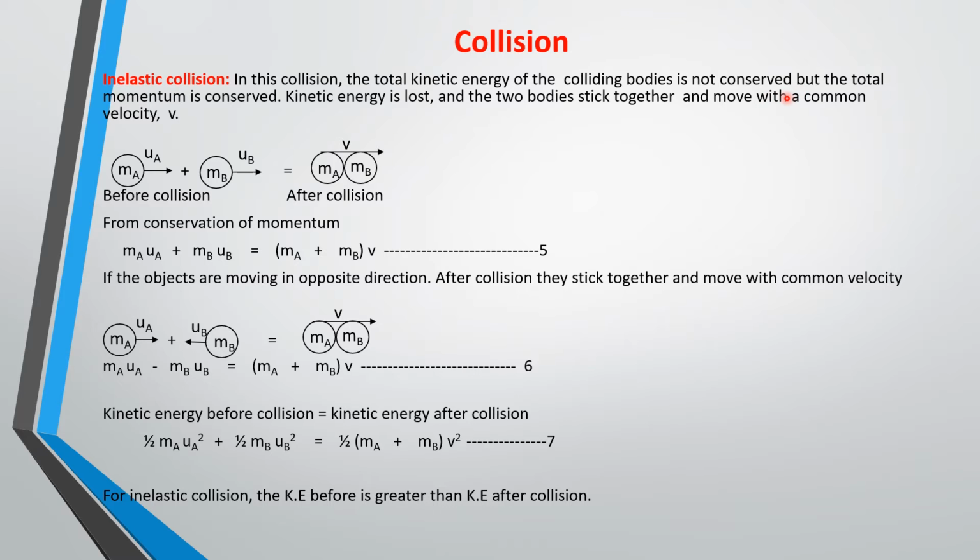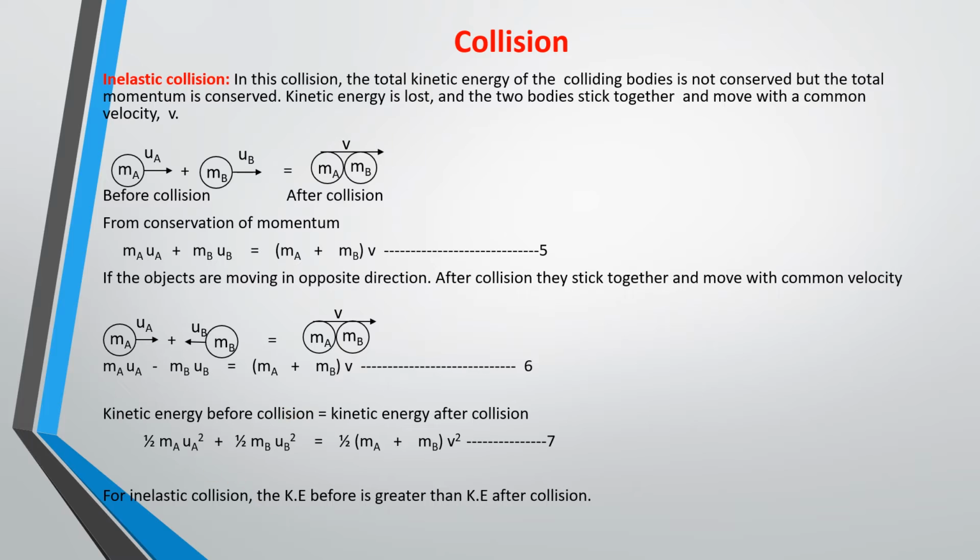Then if the two bodies are moving in opposite directions, the momentum before collision will be MAUA minus MBUB, which is equal to (MA plus MB) multiplied by their common velocity.